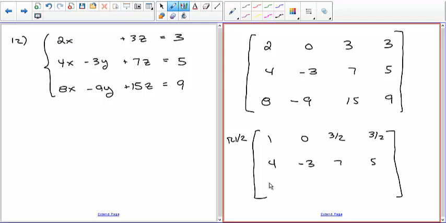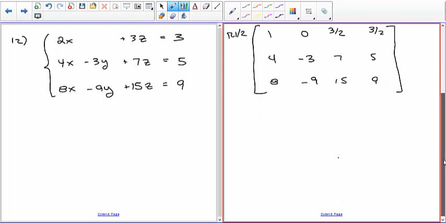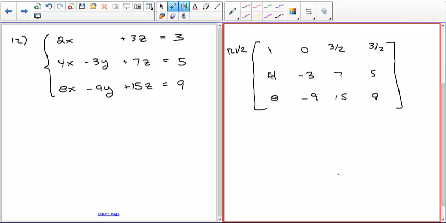It's always the first thing you've got to do, you've got to get a 1 here in the upper right hand thing. Okay. Now what we're going to do is make these two go to 0. So we're going to leave row 1 the same.